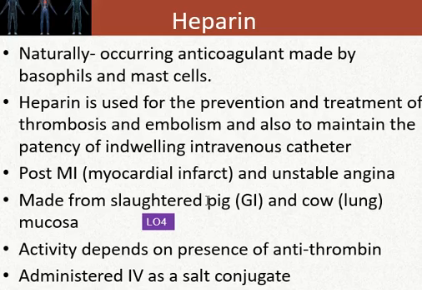If the patient, for whatever reason, is deficient in antithrombin, heparin is not going to work for them at all. You'll see why that's important in a slide or two. Heparins are administered IV. Sometimes we conjugate them to a salt to make them a little more stable, and they can be injected into the vein. They are not orally administered.